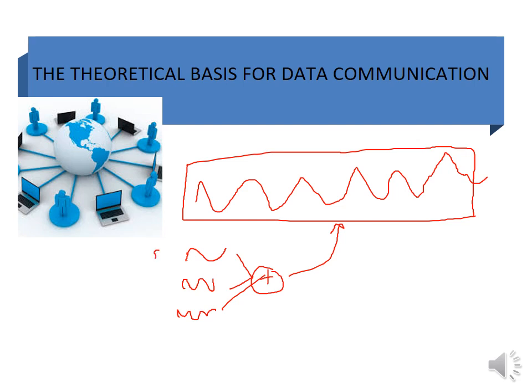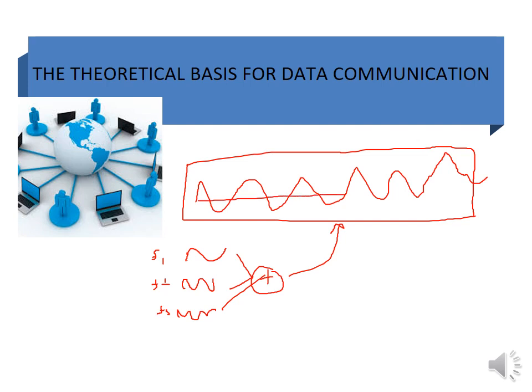So a signal or a waveform is actually a sum of many frequencies. So we can say this is a sine wave with frequency f1, this is a sine wave with frequency f2, and this is a sine wave with frequency f3.